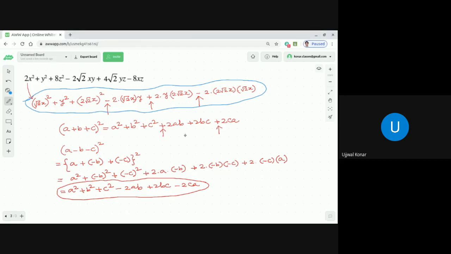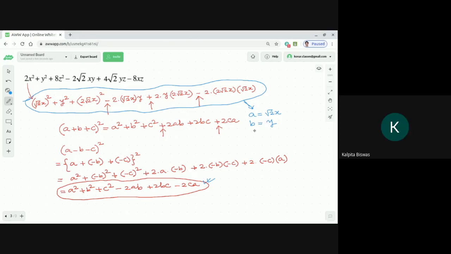Now, how to solve it? So here, in this case, if you look into this one and this particular one, and if you make this thing, what we are going to get? As if a is equal to root 2x and b is equal to what? B is equal to y, correct or not? Yes, sir. And c is equal to, just a minute, I made a mistake here.